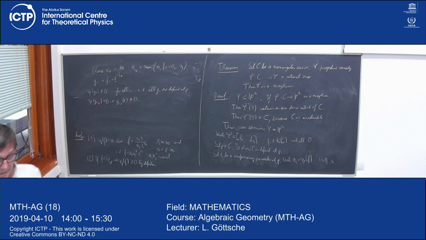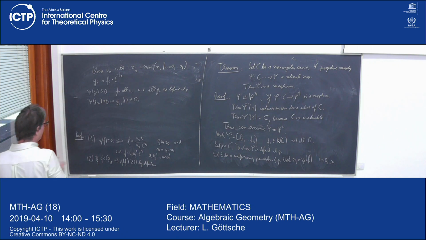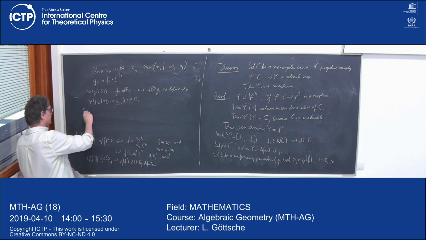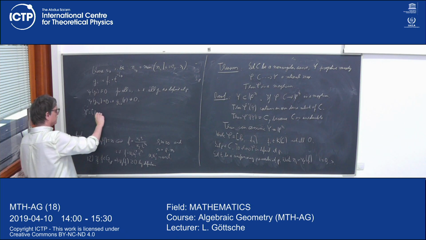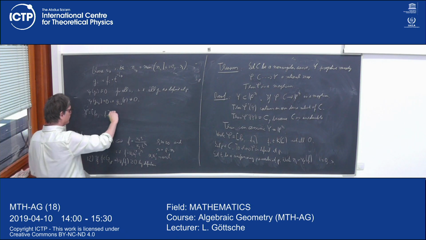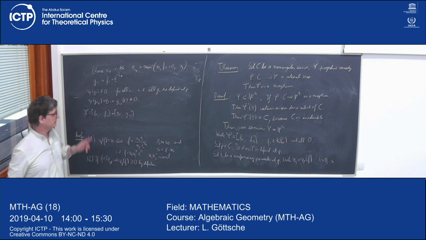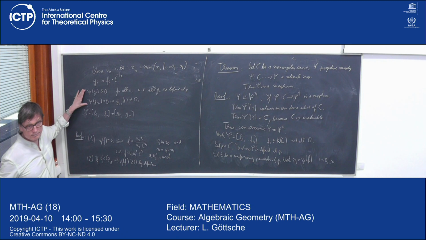The units are the elements which are not 0 at that point. So this means that if I take this phi, which is equal to [f0 : ... : fn], it's also equal to [g0 : ... : gn], because we have done this, and it's defined at P.